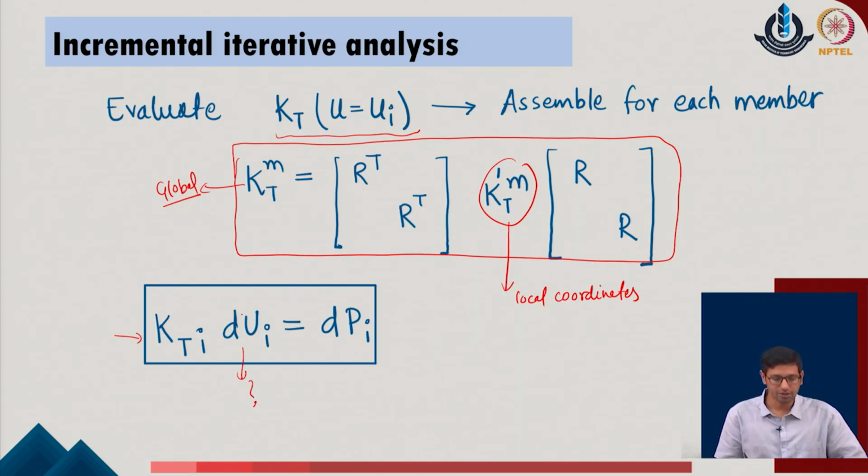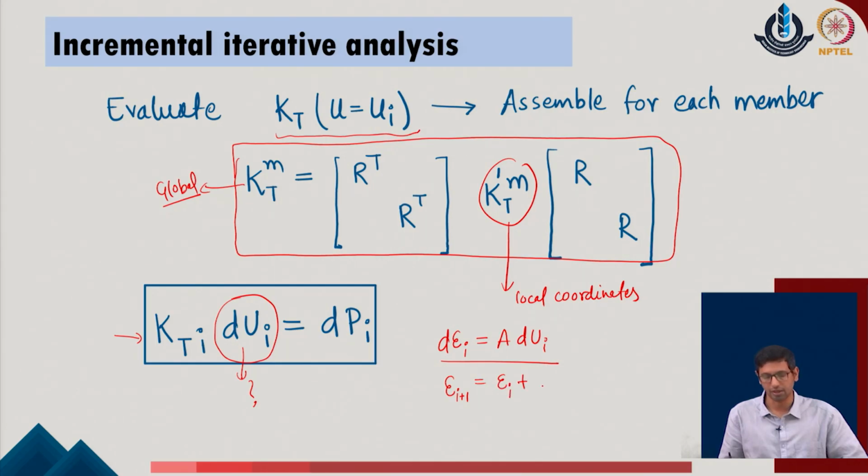As we calculate this increment in the displacement value, we will be able to calculate the updated change in the strain parameter as well, and that can be calculated by the simple expression which we have defined earlier. Based upon that the user can now calculate the strain at the new point epsilon i plus 1, which is defined as epsilon i plus d of epsilon i in the given system.